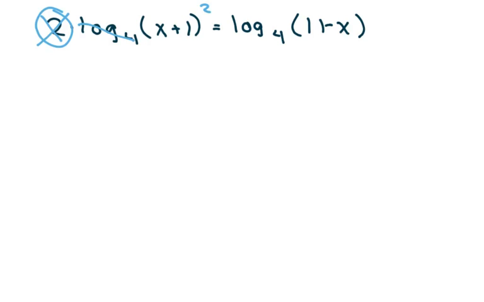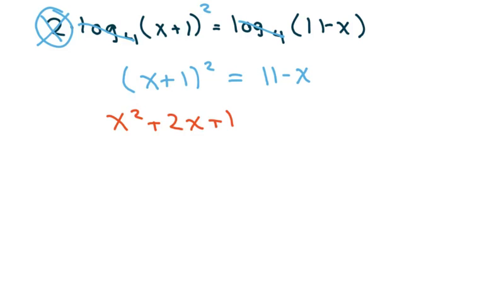Now my bases are the same, so I have x plus 1 squared equals 11 minus x. Now I'm going to square this out. This would be x squared plus 2x plus 1 equals 11 minus x.